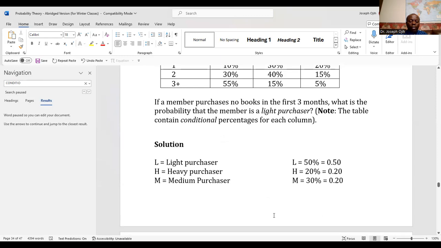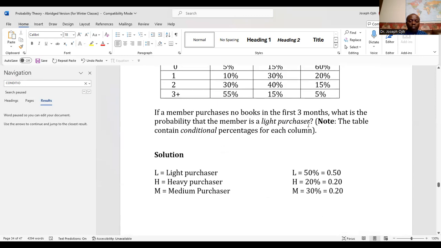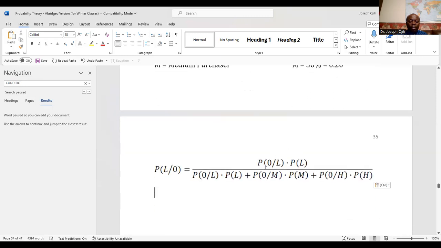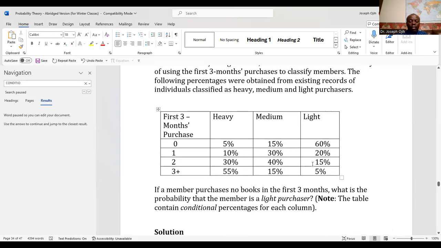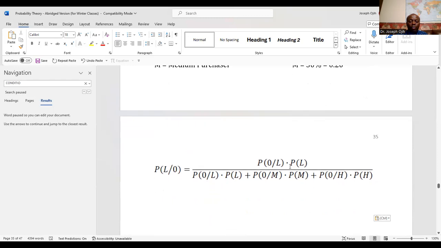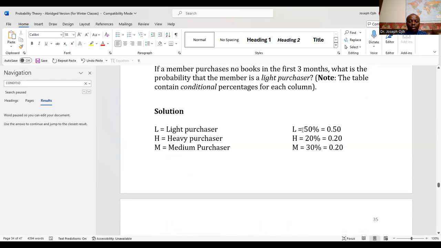So we're going to put it right there. Zero books, given light purchaser, is 60%, then times the probability of light purchaser, which is 0.5. Let me write it here.